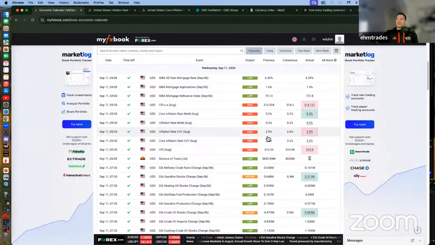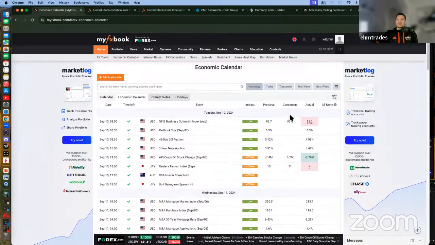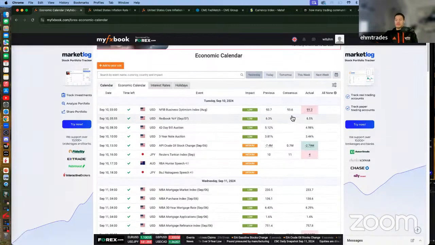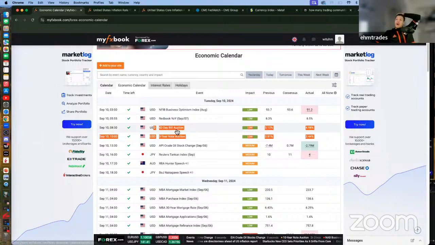But let me get into yesterday's news real quick before we get off here. This right here is something I want us to start paying attention to: the 40-day bill auction, the 3-year note. We can pay attention to that across any country's currency, any country's folder. They're always on my FX book, reporting notes and auctions and bills.